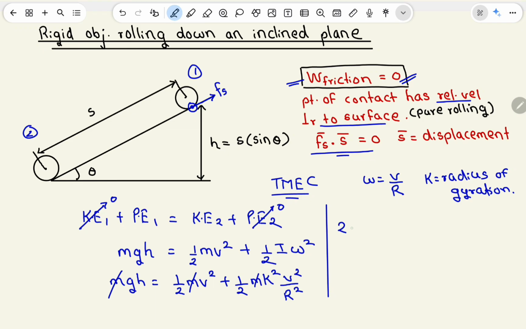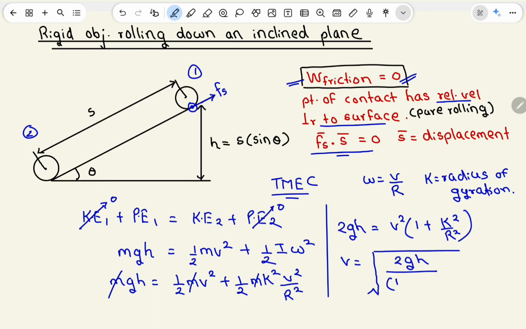Transfer the 2's to the other side and I'll have 2gh is equal to v square times the bracket, inside which I have 1 plus k square by r square. So the velocity finally, when the body rolls down to the bottom, can be written as under root 2gh upon 1 plus k square by r square. So this is the formula for the velocity of the body when it rolls purely down an inclined plane.